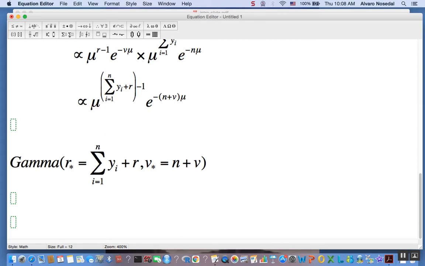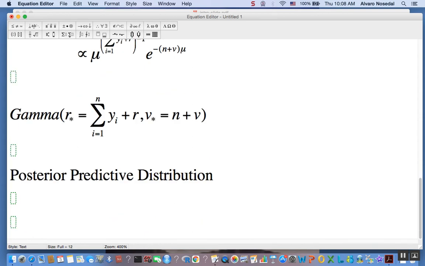Next, what we did in another video is we derived step by step the posterior predictive distribution. So let me remind you what the posterior predictive distribution looks like when we consider a gamma prior and then we end up with a gamma posterior.